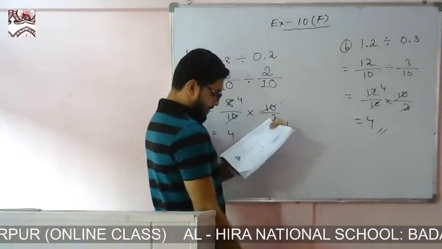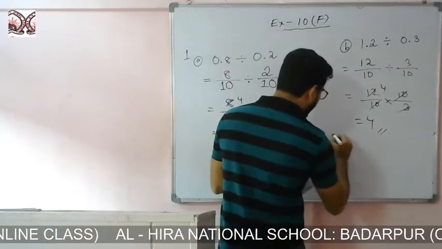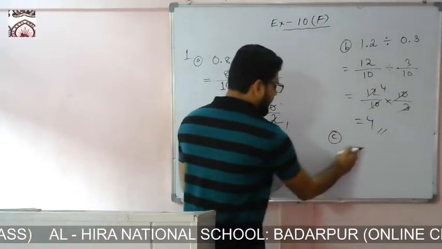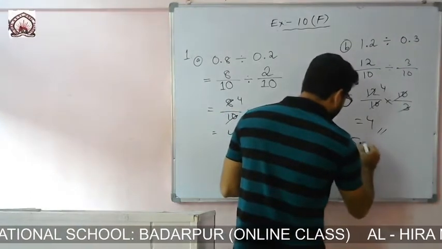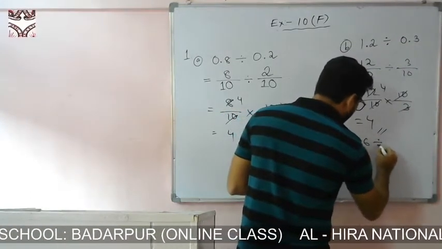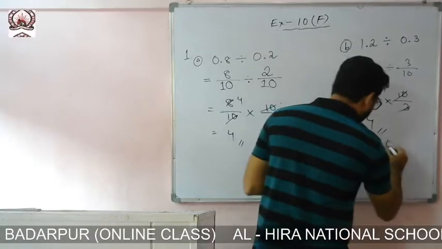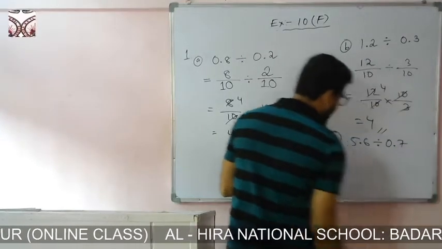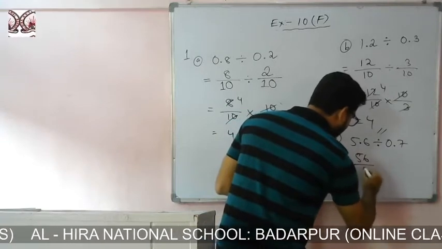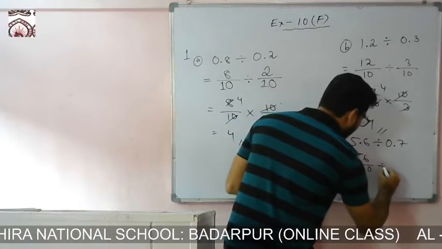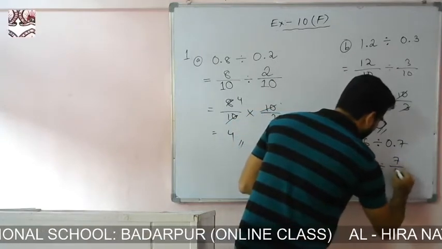Okay, now come to C. Question number C. Here you see 5.6 divided by 0.7. So you can write it like this, 56 by 10 divided by 7 by 10.